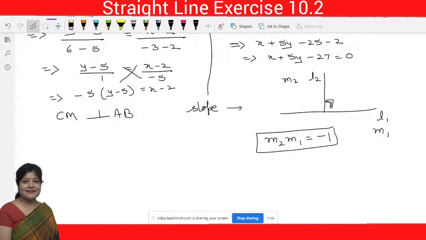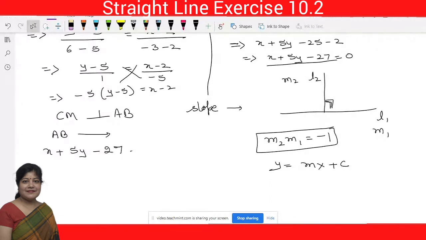And how can we find the slope using the equation y equals mx plus c? Now watch. We have this equation x plus 5y minus 27, the equation for the line AB.